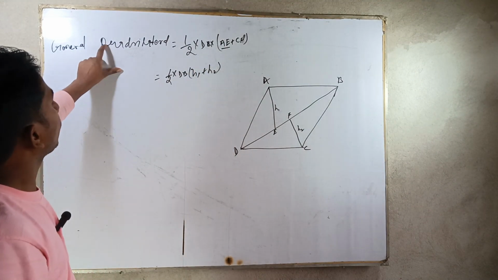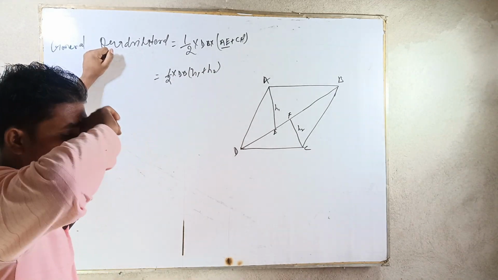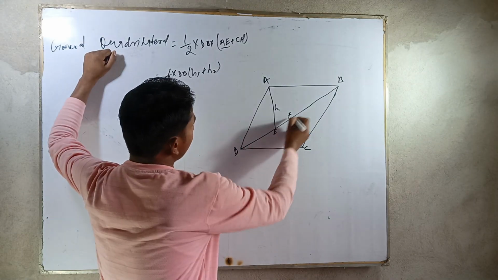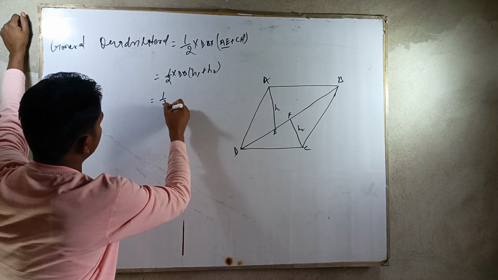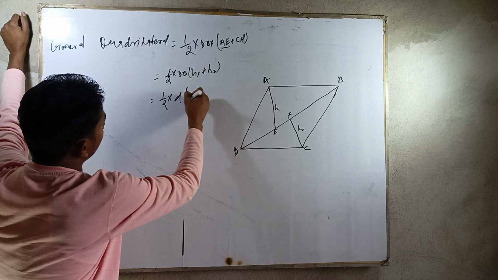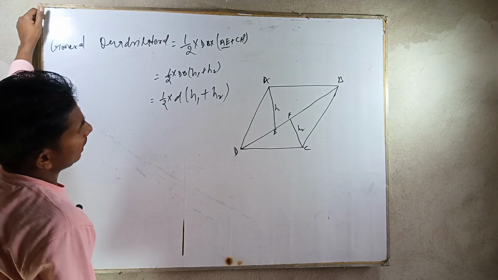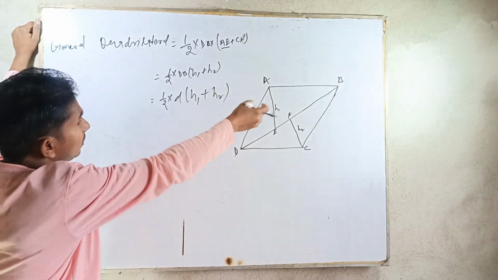So the area of a general quadrilateral is 1 by 2 into d into H1 plus H2.